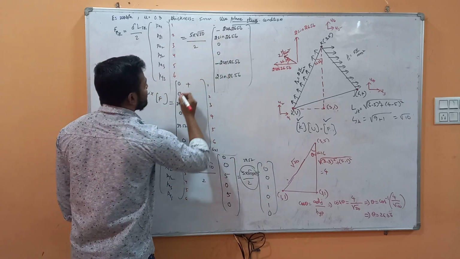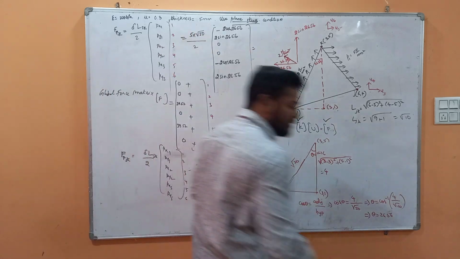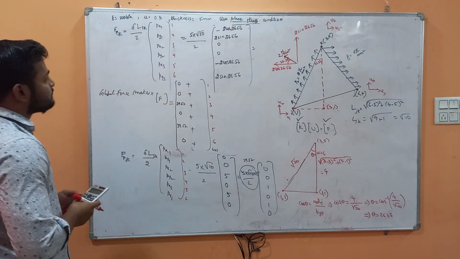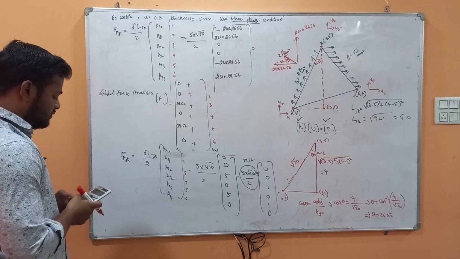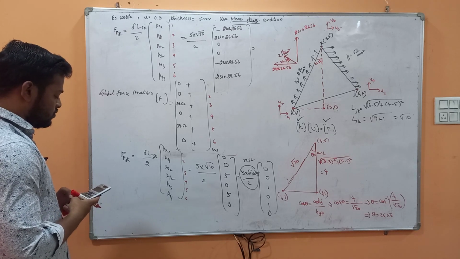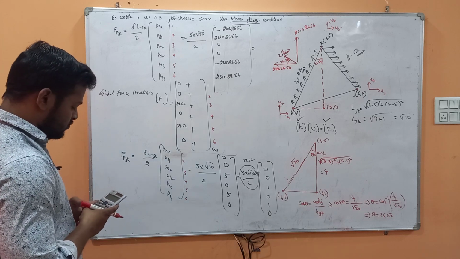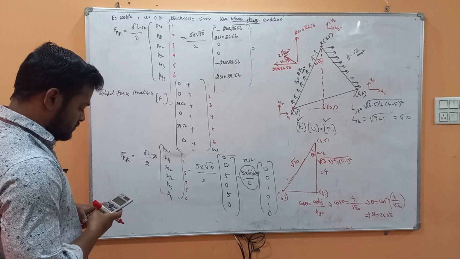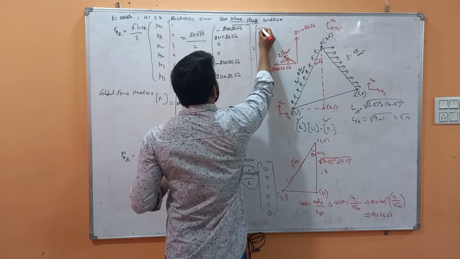First, I'm going to simplify this so that the calculations become easier. 5 into root 20 by 2 into 2 cos 26.56 gives minus 20 as the first value.